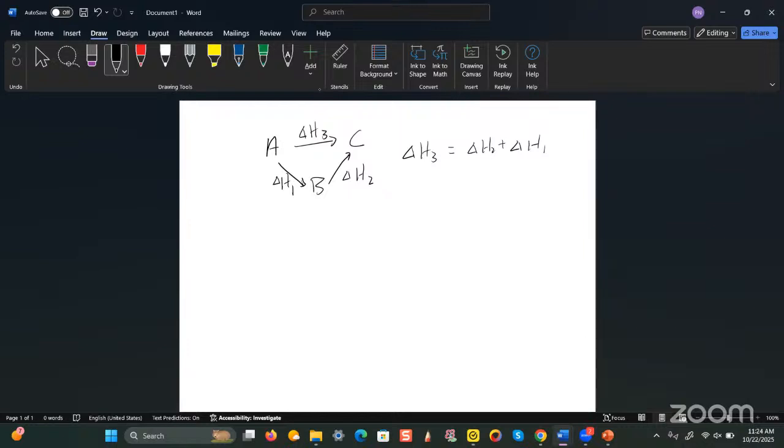Another way of expressing this, if I were to write down A going to B, and the delta H1 value would be associated with that reaction, and then B going to C, and that will have the delta H2 value associated with that reaction, then what we can do is add these two equations together to get going from A to C directly, and the corresponding delta H value, which would be delta H3, would be the sum of delta H1 and delta H2.